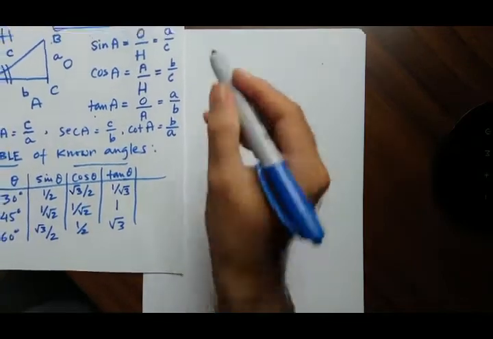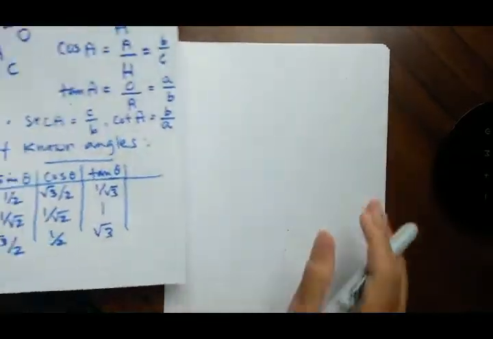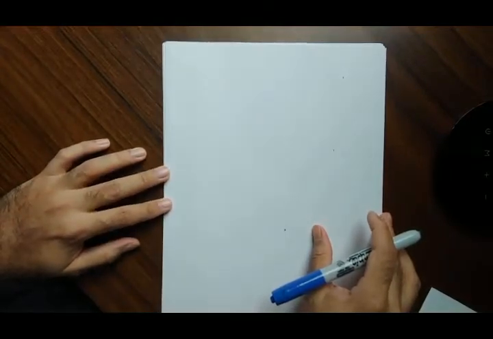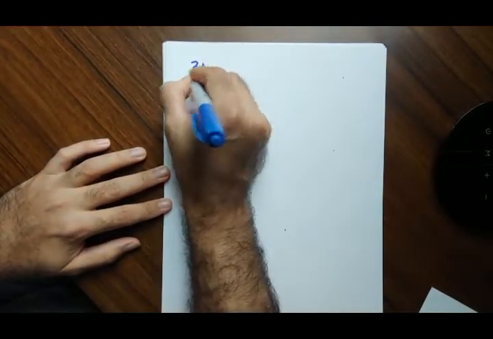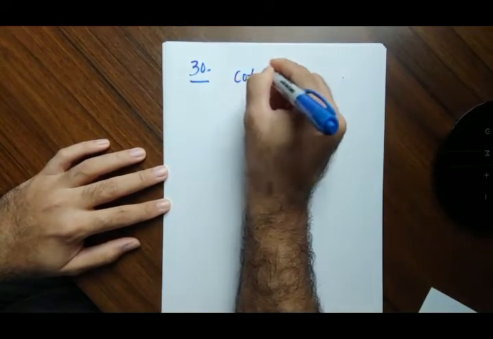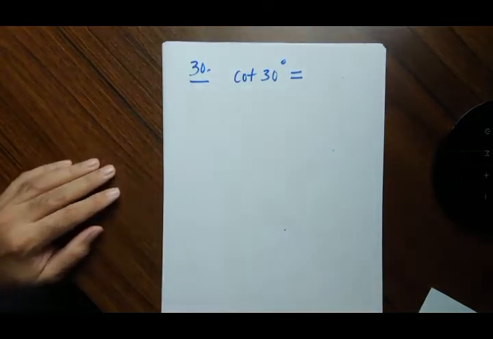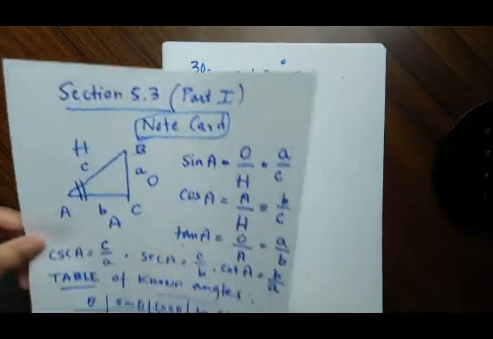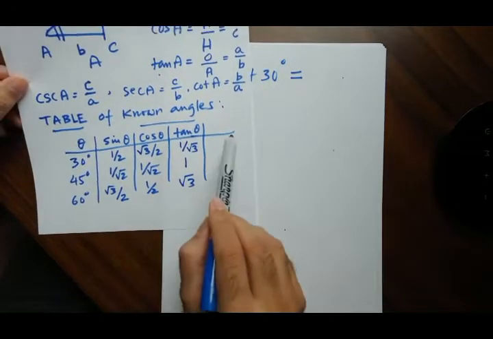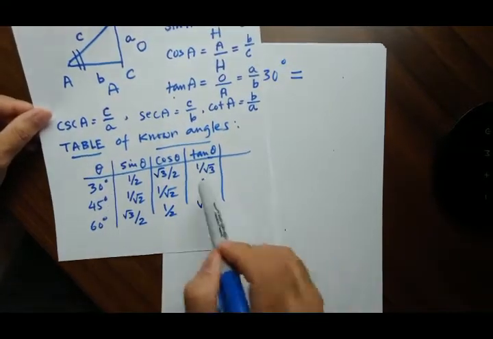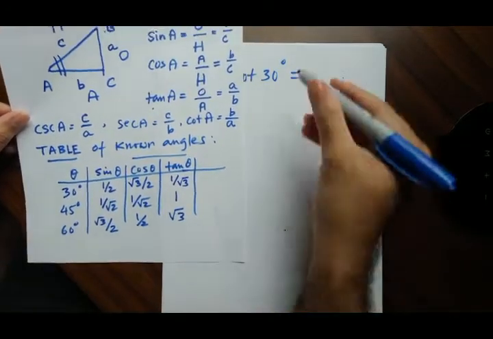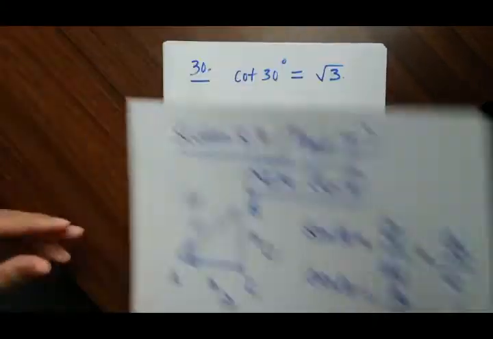For example, problem number 30: cotangent 30, what would be the value of that? Now you have the whole table. If you have the whole table given to you, then you know tan 30 is 1 over square root of 3. Cotangent, we can flip it, so that'll be square root of 3.